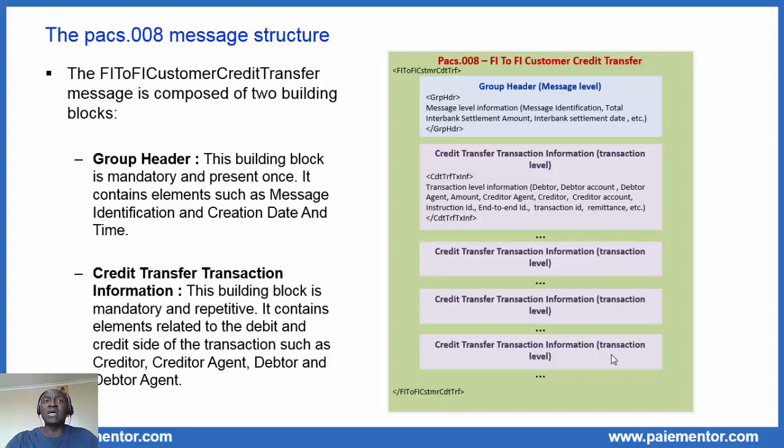They think that debit side information are repeated like in the paying one message, but that's not the case. So it's good to keep this structure in mind and remember that the credit transfer transaction information contains debit side as well as credit side elements.